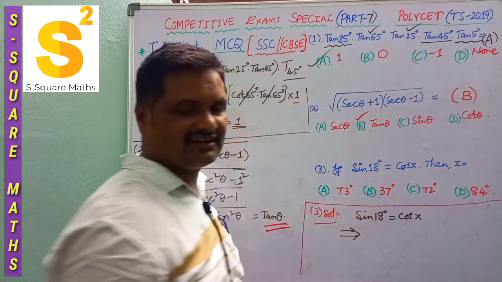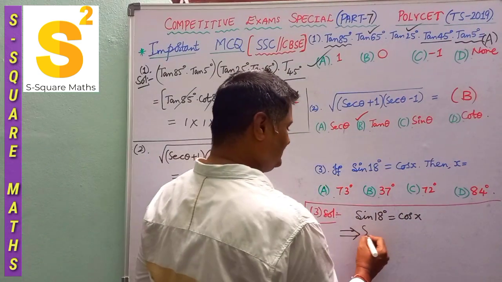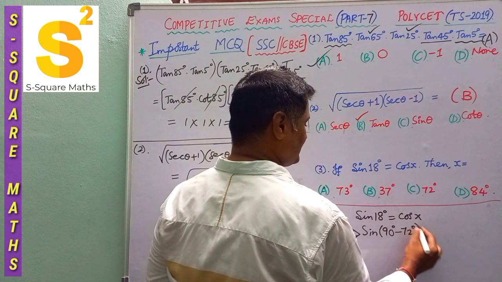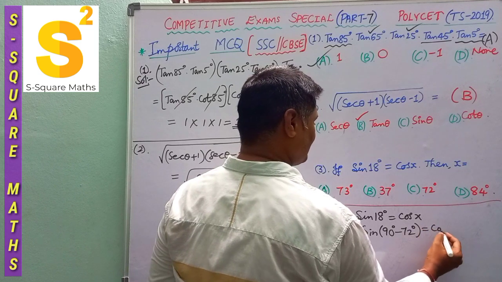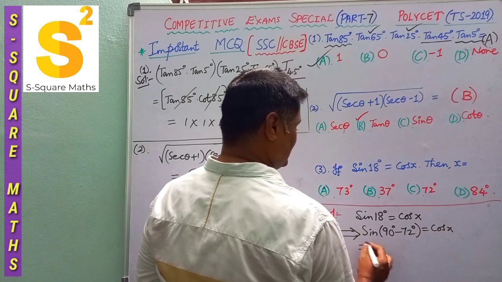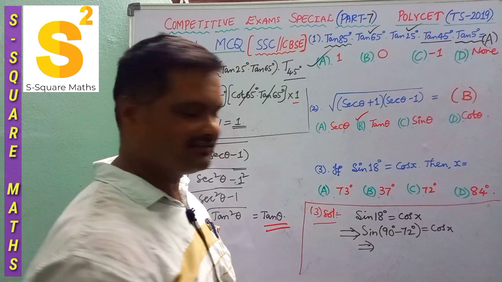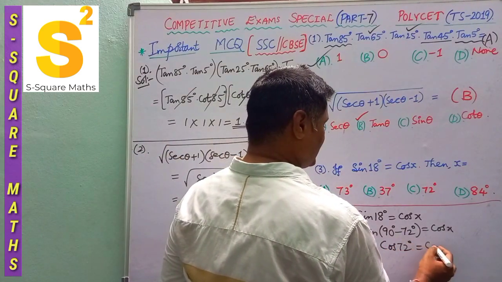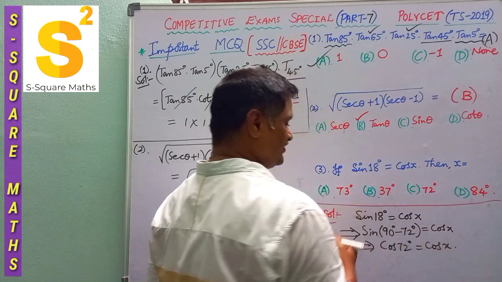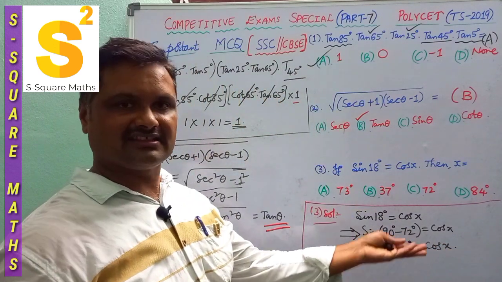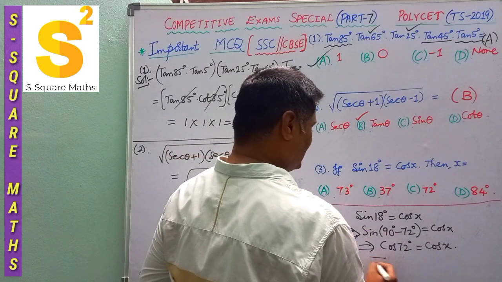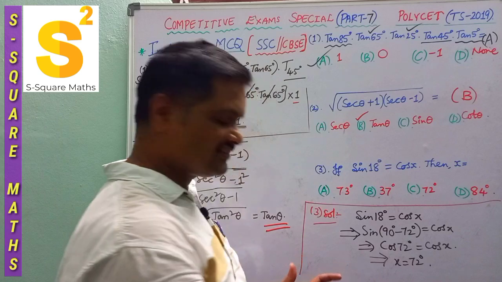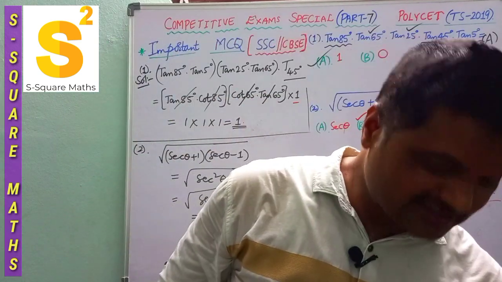With respect to 90 degrees, I can write sin of 90 degrees minus 72 degrees is equal to cos x. Sin of 90 minus theta is cos theta. So cos 72 degrees is equal to cos x. Since 72 degrees is an acute angle, x is also an acute angle. So I can write x is equal to 72 degrees, which stands for our option C.